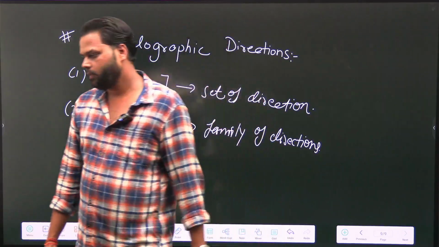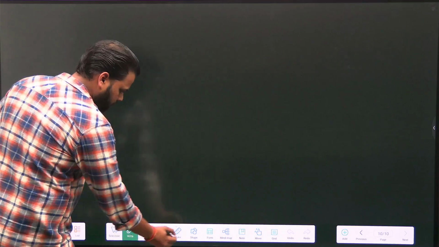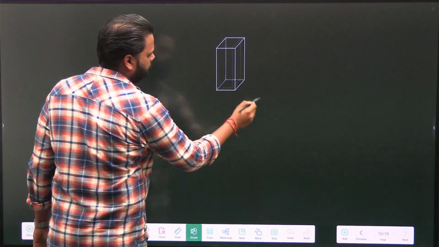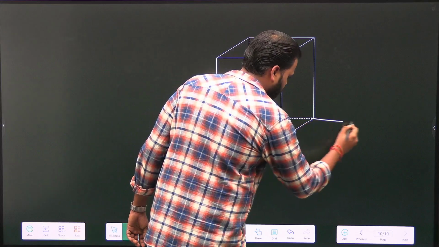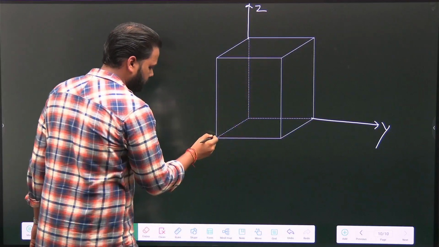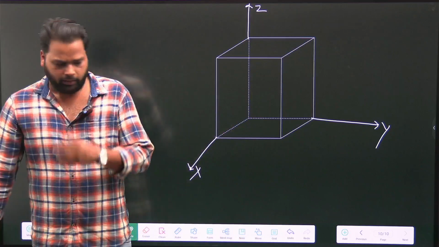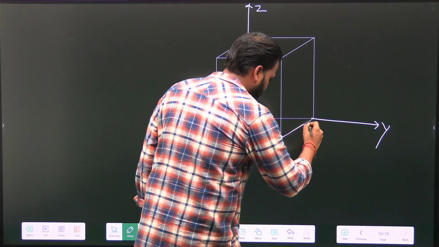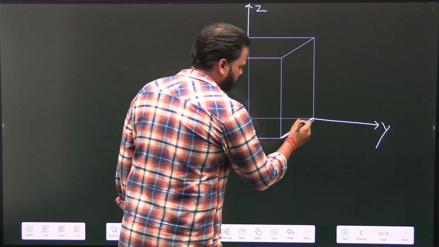Clear? Let me give you an example. See, everything will remain the same: Y, Z, and X. If I say there is a direction given, only this direction is given, this is the origin and this direction is given.